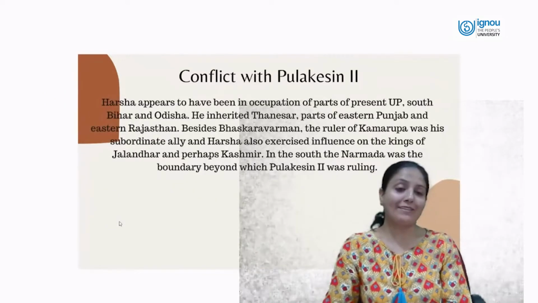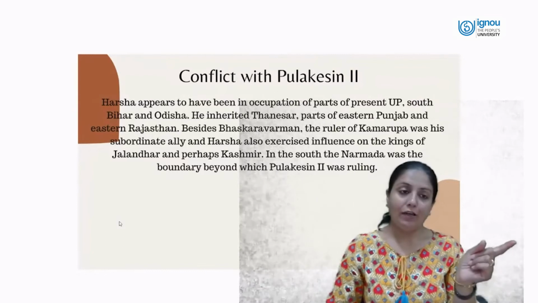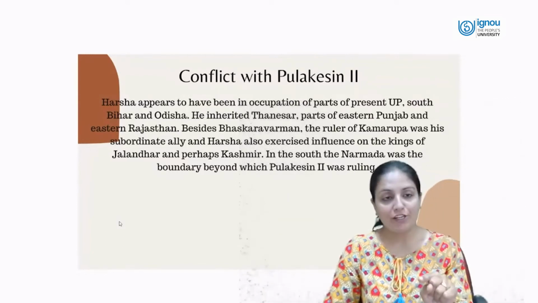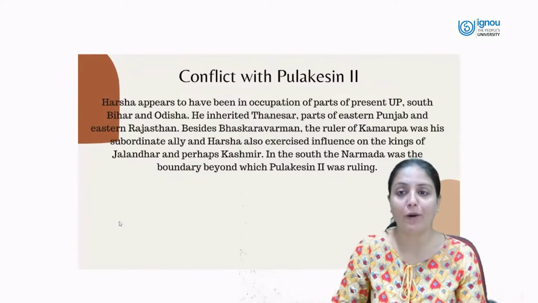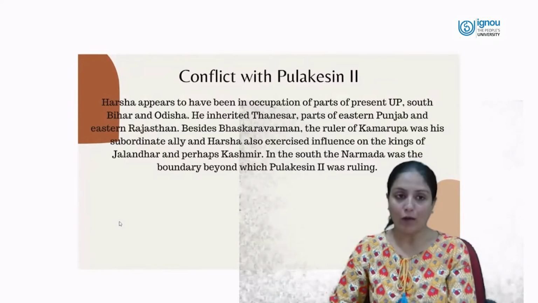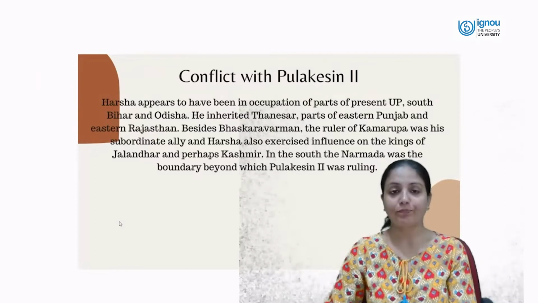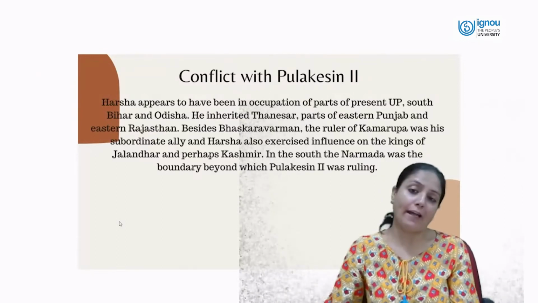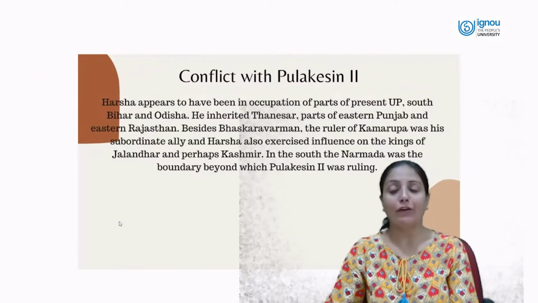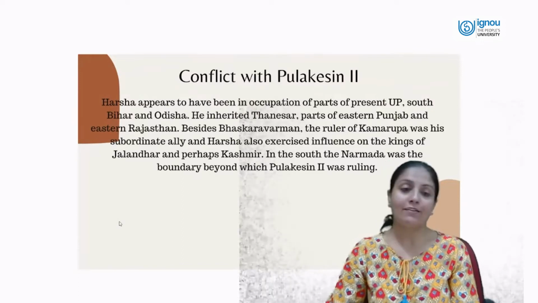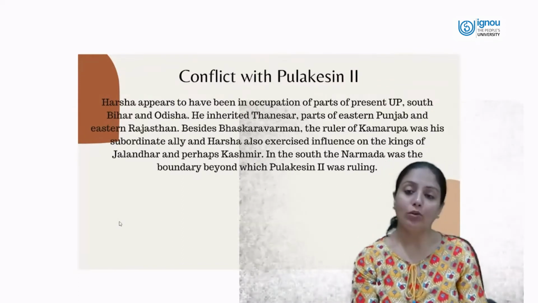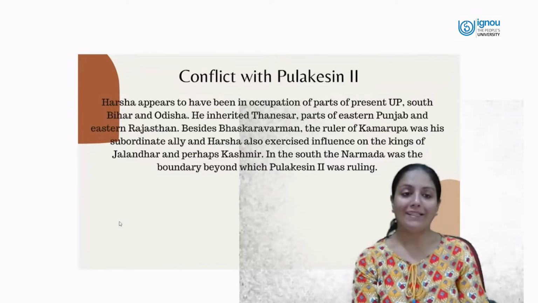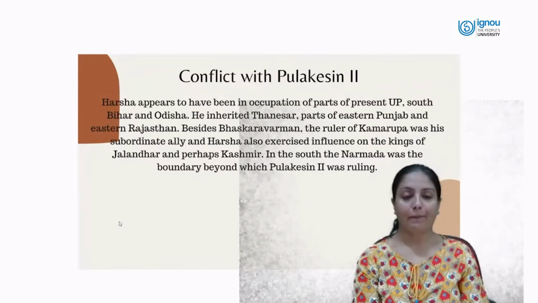Conflict with Pulkeshin II. Harsha appears to have been in occupation of parts of present UP, Bihar, and Odisha. He inherited Thaneshwar, parts of eastern Punjab, and eastern Rajasthan. Besides, Bhaskaravarman, the ruler of Kamarupa, was his subordinate ally.